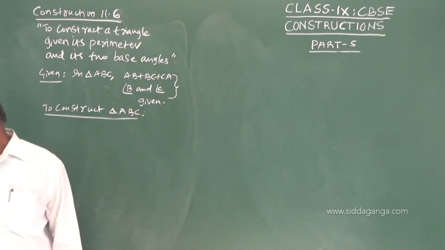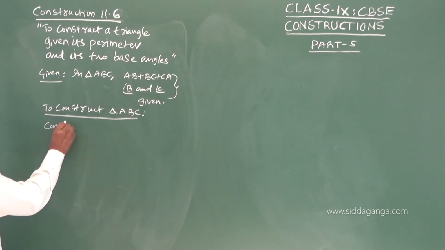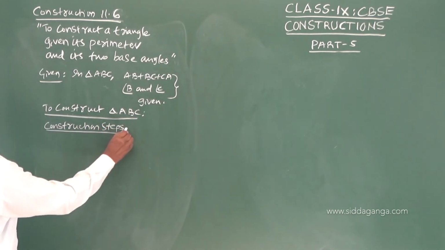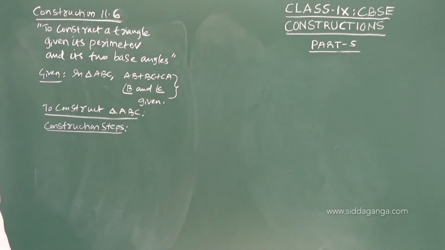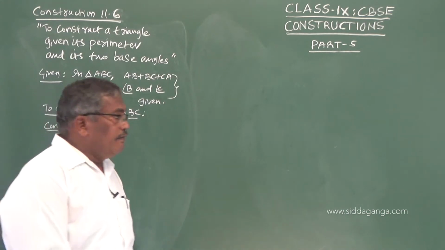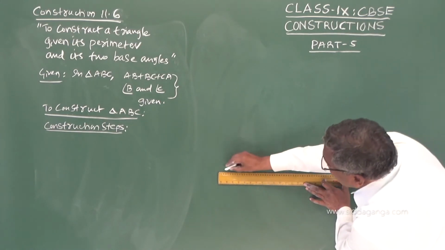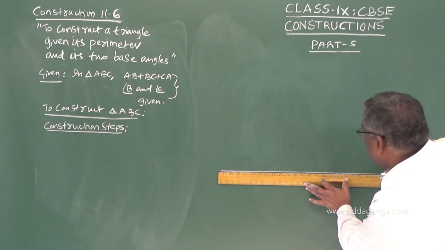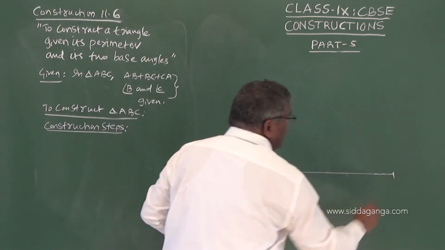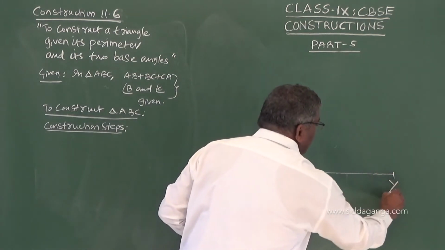Now, construction steps. First we draw a line equal to the perimeter of the triangle, AB plus BC plus CA. Let us say this line is XY.